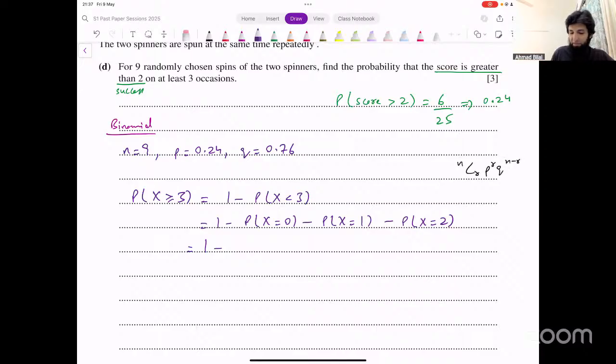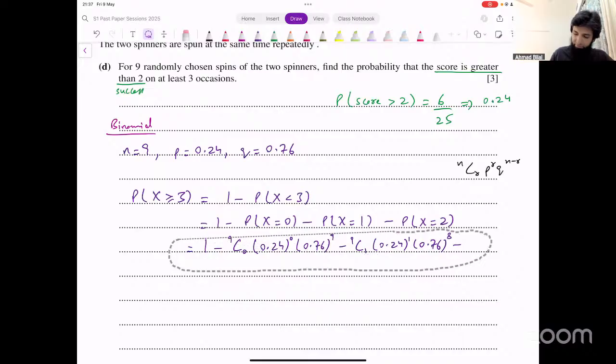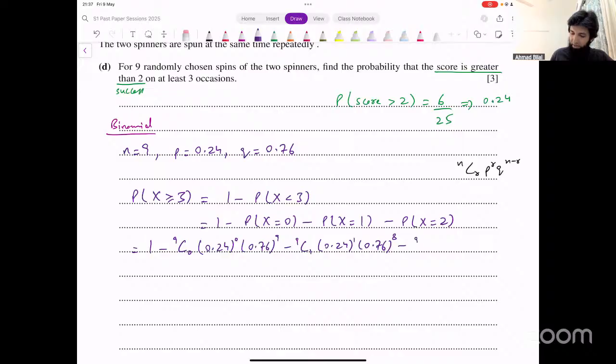Let's just input values in that. 9C0 into 0.24 raised to power 0 into 0.76 raised to power 9 minus 9C1 into 0.24 raised to power 1 into 0.76 raised to power 8 minus 9C2 into 0.24 raised to power 2 into 0.76 raised to power 7.